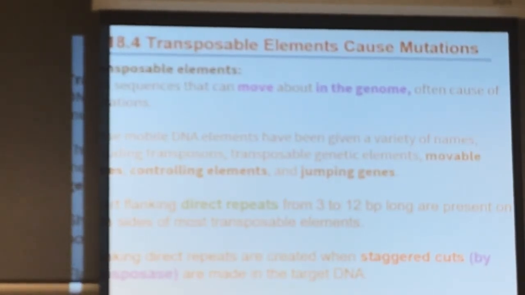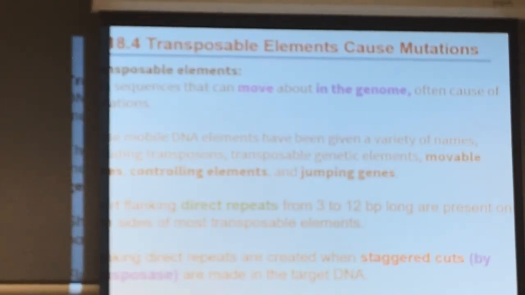On either side of these genes, you have some direct repeats, or basically some short nucleotides, which can be cleaved, and once these short nucleotides on either side of the jumping genes are cleaved, the whole gene now moves from one chromosome to the other by copying itself. These flanking repeats are created when staggered cuts are made.